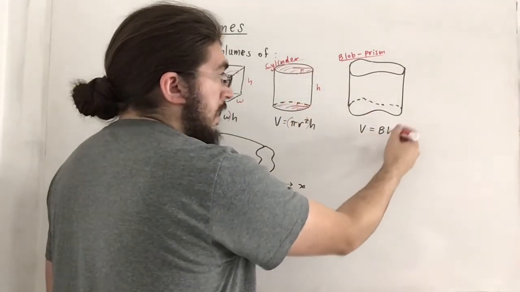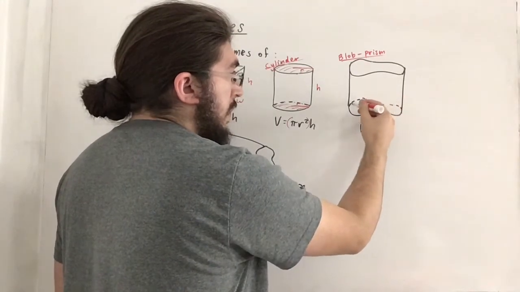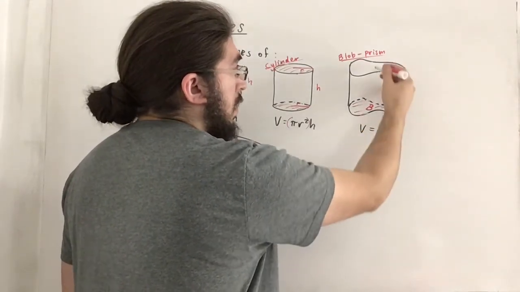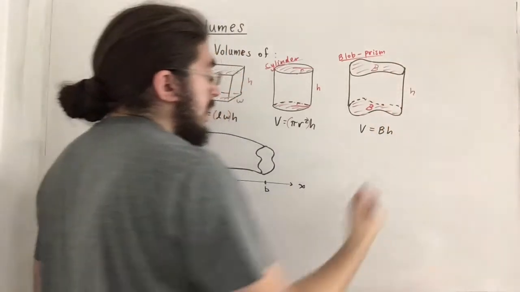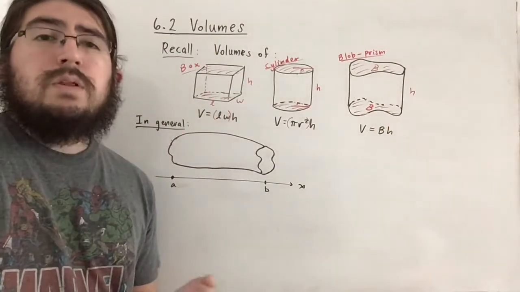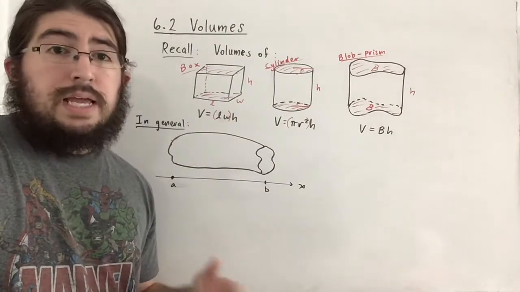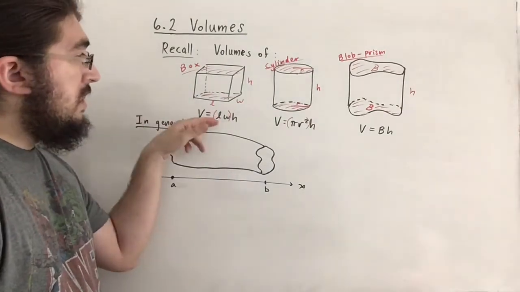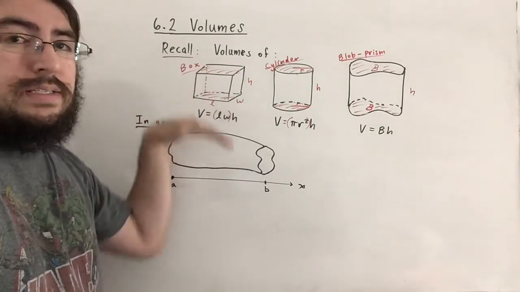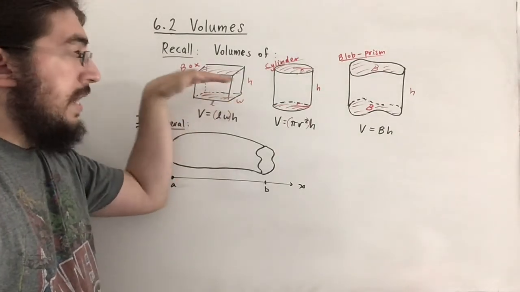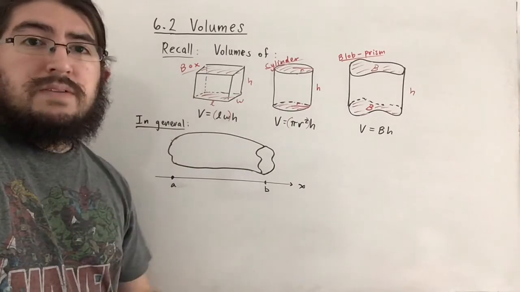And here B represents this base area, and h represents the height. So notice it makes sense because all we're really doing is basically adding areas. So this says that LW is this area, and we have h of those areas. So multiply this area by h, that's what volume is defined to be.